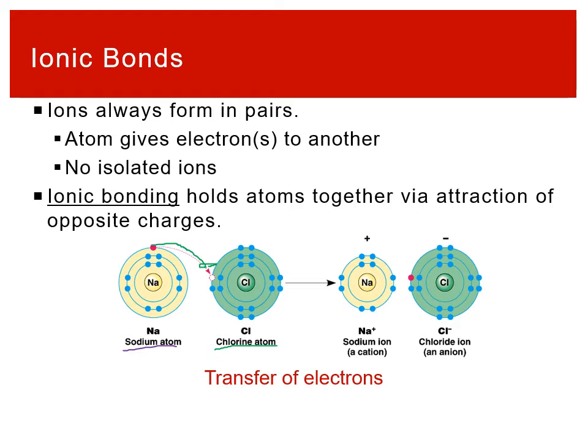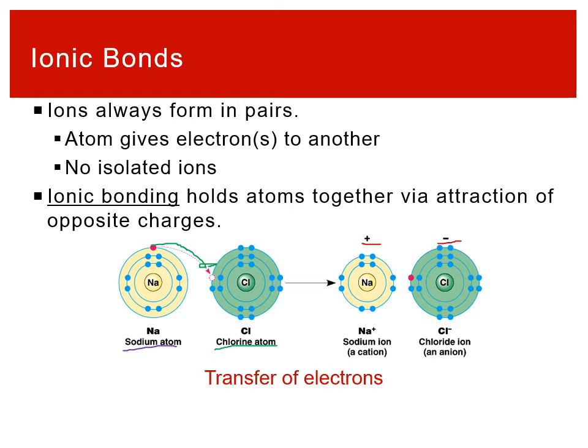And so the ionic bonding, what holds the atoms together in ionic bonding, is the attraction of the opposite charges of the ions. The cation is now positively charged and the anion is negatively charged. Opposite charges are attracted to each other, and so that's what holds the ions together. So the electron is fully transferred.